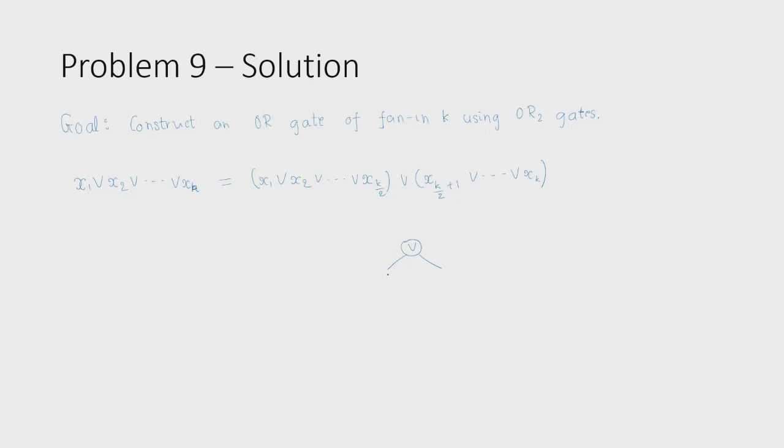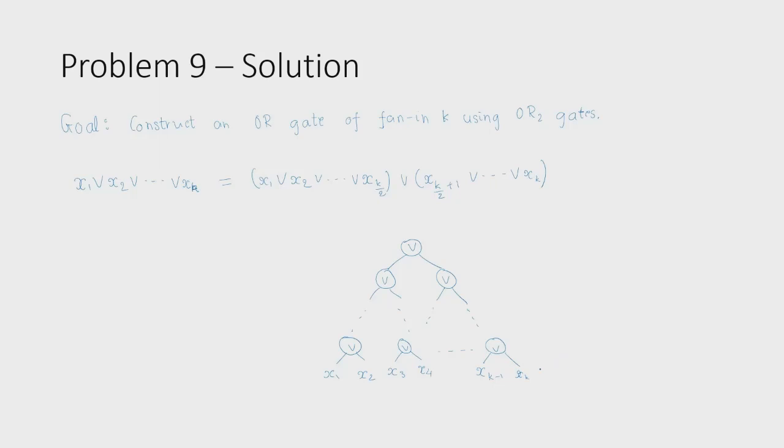So what I can do is keep on repeating this. And at the very bottom I can have x1, x2, x3, x4, up to xk minus 1, xk.